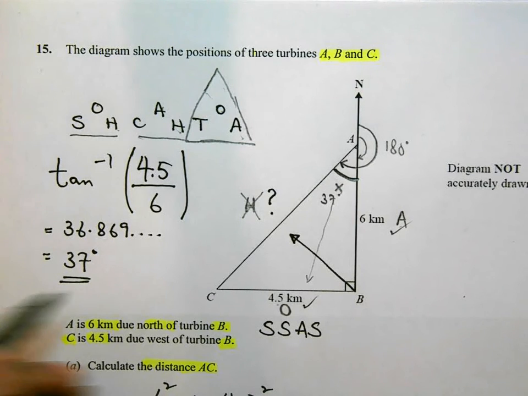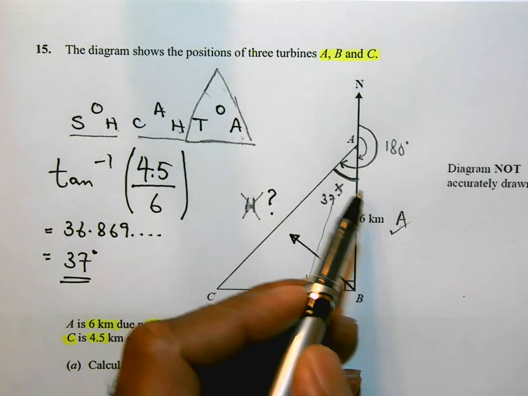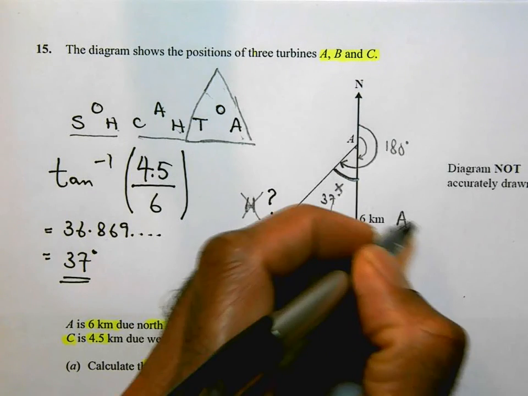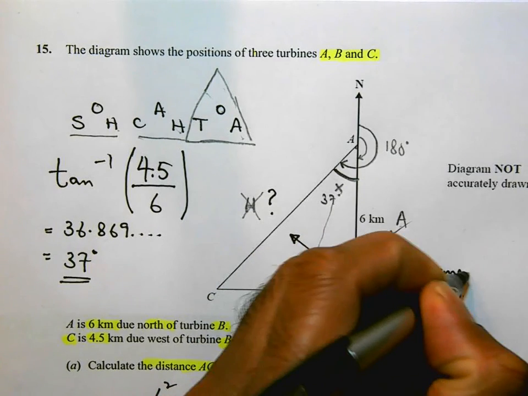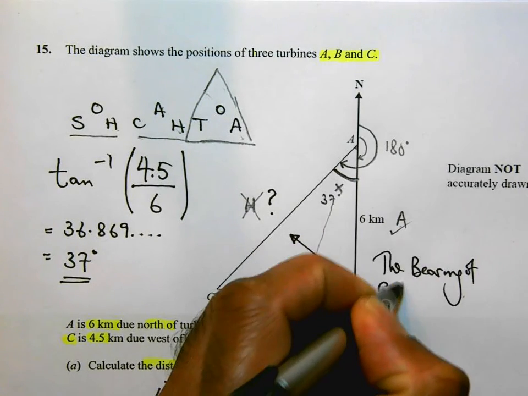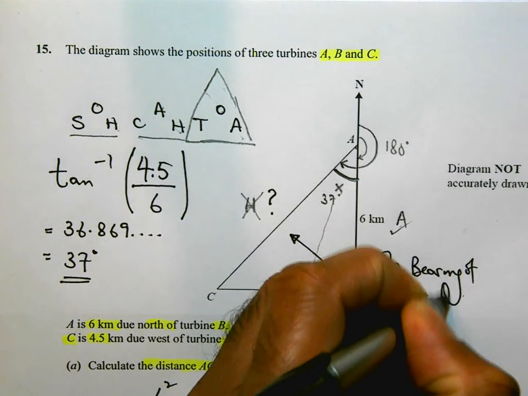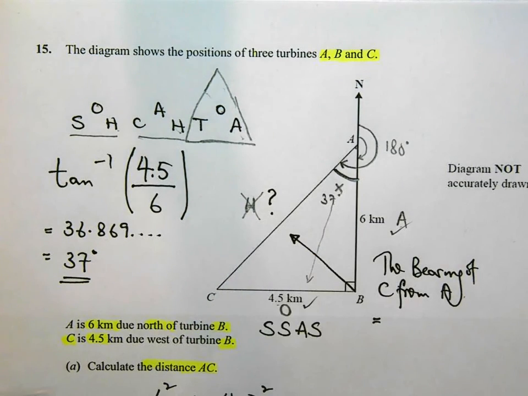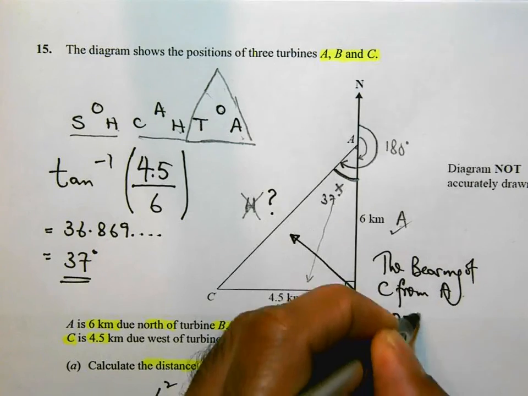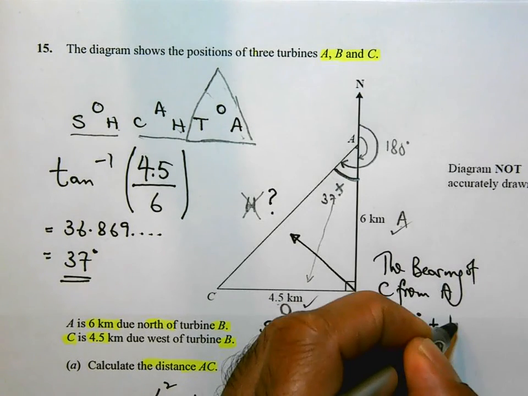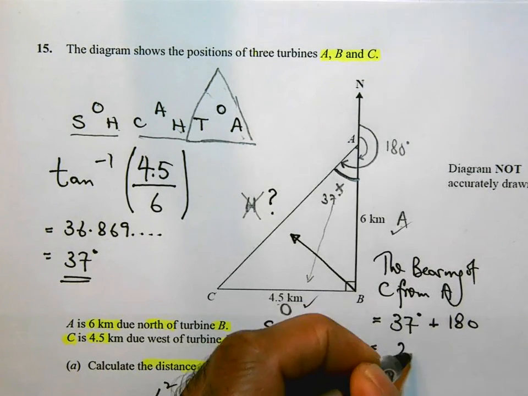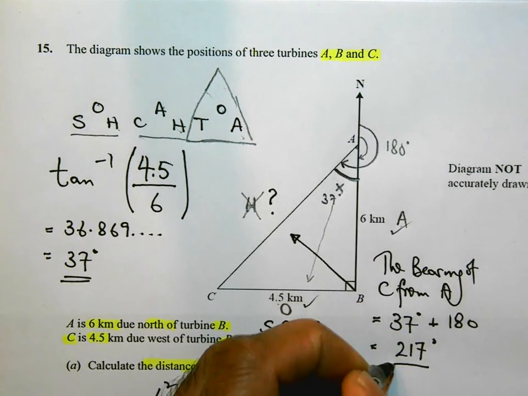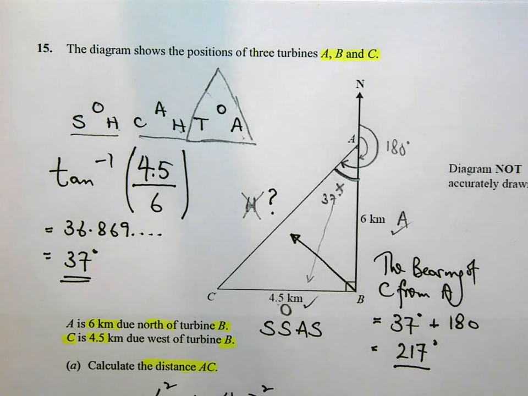So the whole bearing, the bearing of C from A, is going to be 180 added to 37. So I'll write that over here. The bearing of C from A is going to be 37 degrees plus 180, and doing my maths, that's 217 degrees.